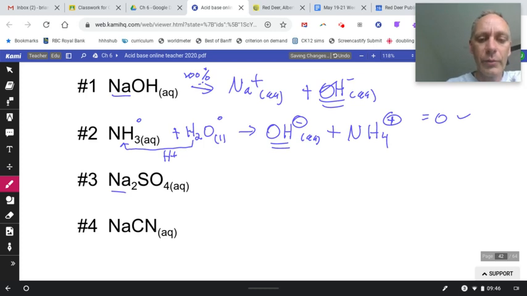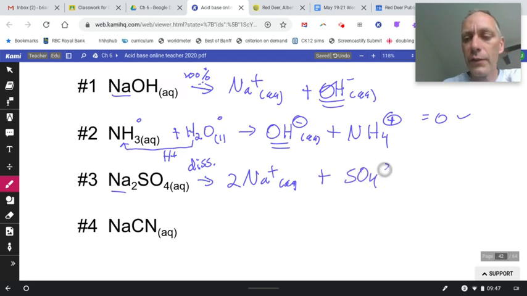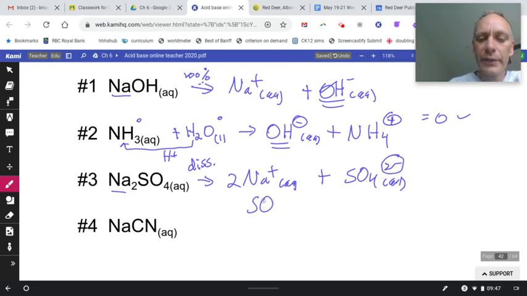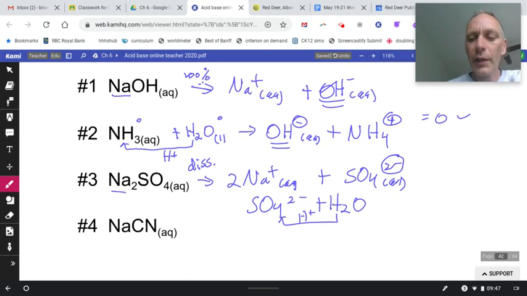Na2SO4 is ionic, so we'll dissociate it. Dissociate 2Na plus, aqueous, and an SO4 2 minus, aqueous. Okay, so which of those will react with water to steal the H plus? The anion will, so SO4 2 minus will go after water's proton and steal it. Like that.